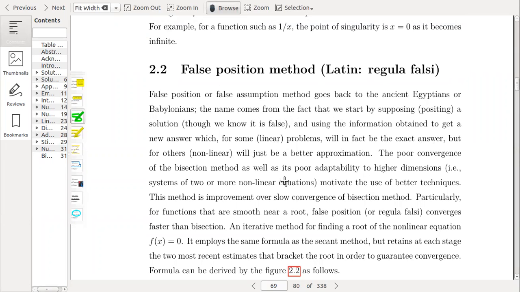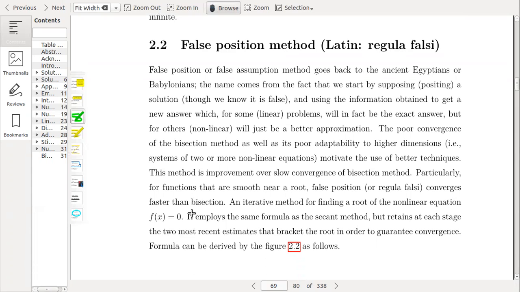The poor convergence of the bisection method, as well as its poor adaptability to higher dimensions, that is, systems of two or more nonlinear equations, motivate the use of better techniques. This method is an improvement over slow convergence of the bisection method, particularly for functions that are smooth near a root.